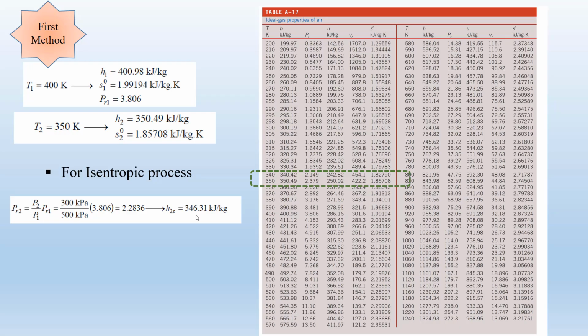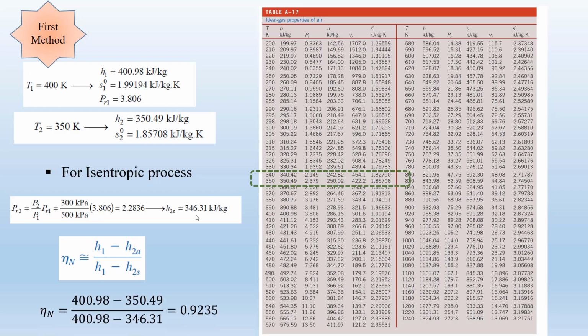Now you have H2S, and you can simply calculate the isentropic efficiency of these nozzles. So this is the isentropic efficiency of these nozzles, 0.9235. How? By assuming that the inlet velocity is negligible.